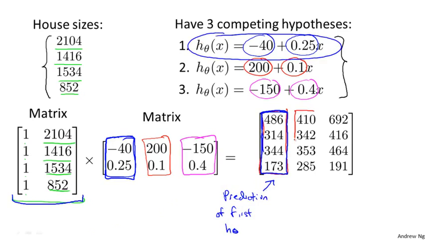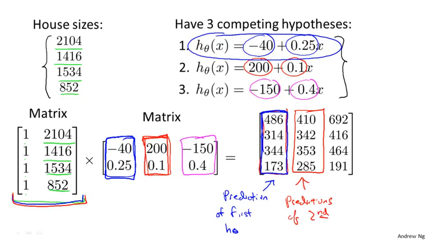And how about the second column? Well, how do you get the second column? The way you get the second column is, well, you take this matrix and you multiply it by this second column. And so the second column turns out to be the predictions of the second hypothesis up there. And similarly for the third column.